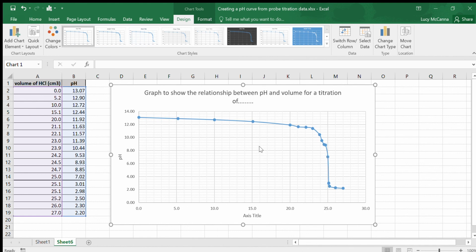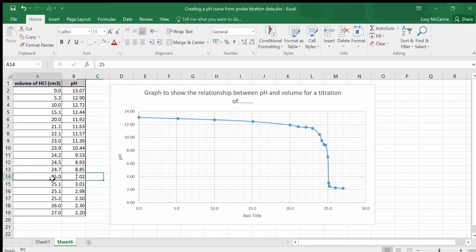So however close you got as a volume for pH 7, so for example in my data I got one very, very close to 7, even if you didn't get that close to 7, the benefit of this graph is not only can you see in more detail what is going on with the reaction and the pH, but even if you didn't get a value on 7, you can locate pH 7 on this axis, read across, and even if I didn't have a data point there, I could see that wherever I intersect this line, I can read a value off the volume axis down here.